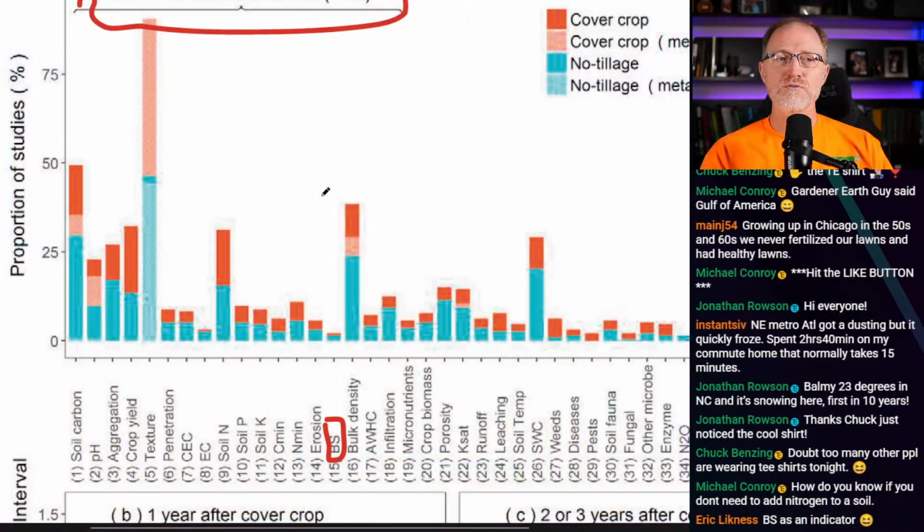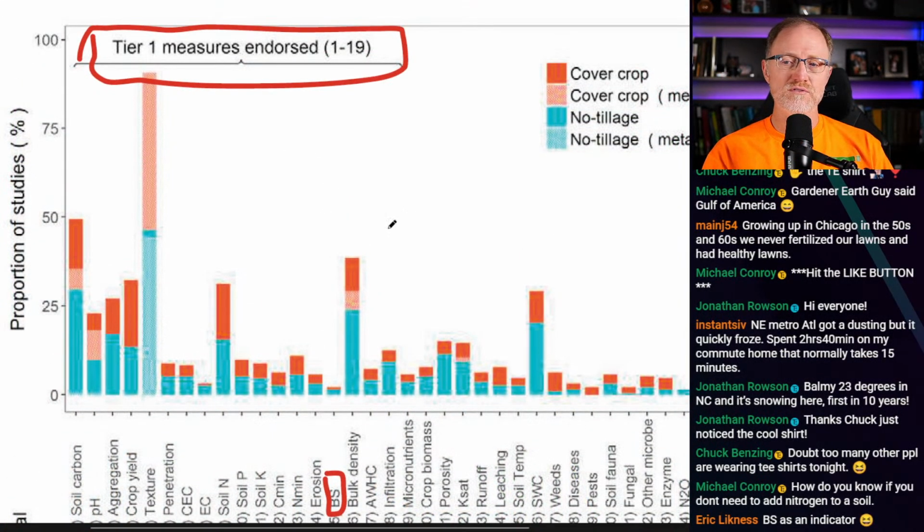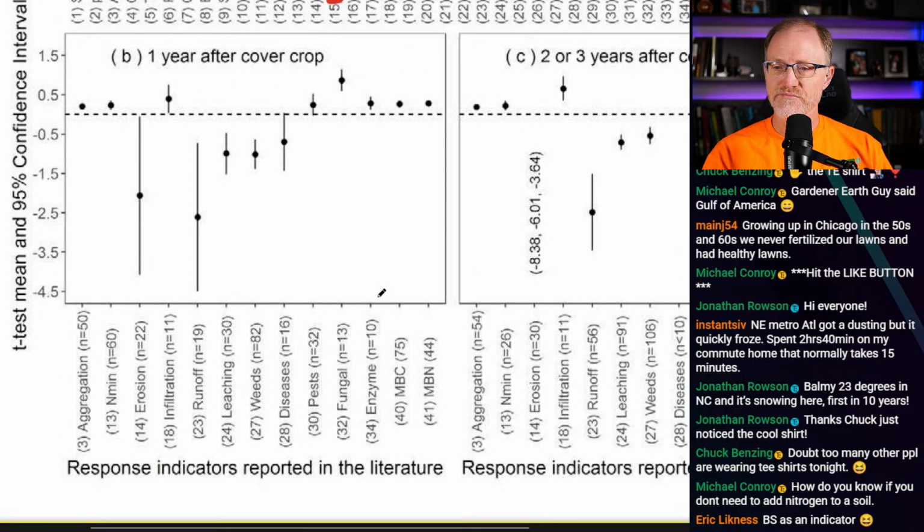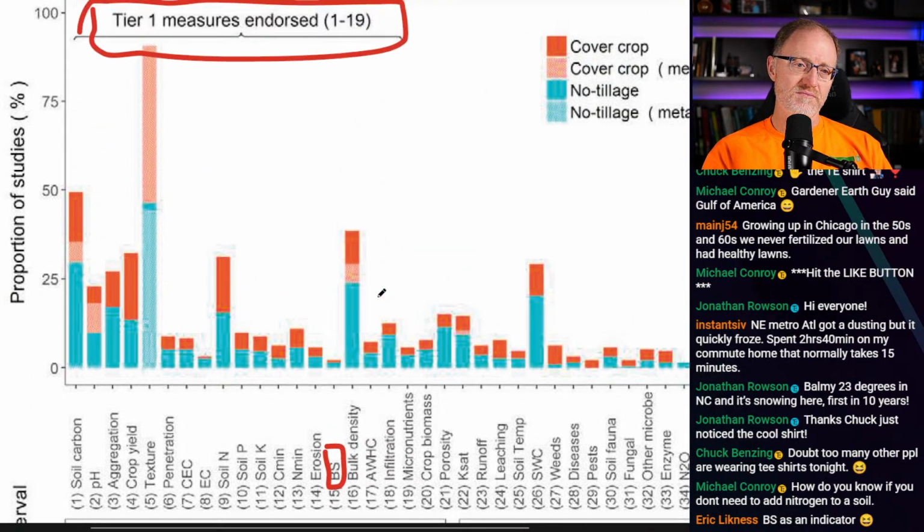And yet somehow whoever did this, the soil health company or whatever, what the hell's the name of it? Soil health, whatever, endorsed it. Shouldn't be endorsed. I would have been there filibustering that committee until I passed out to keep that from being on that list.